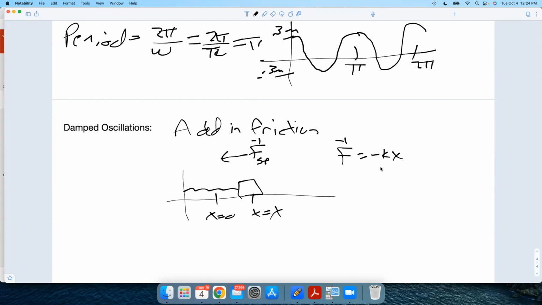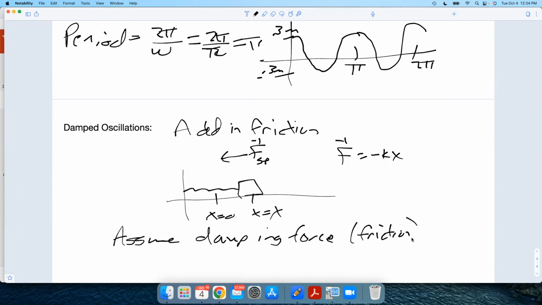But now we're going to add in friction. It doesn't have to be friction, but most damping forces act a lot like friction, so let's just assume friction. Let's call this B as a vector, that's some negative beta times our velocity vector.